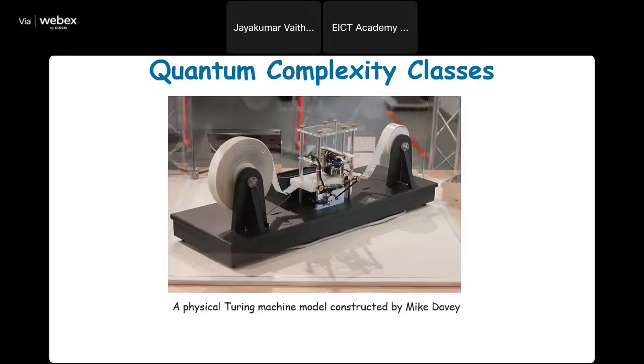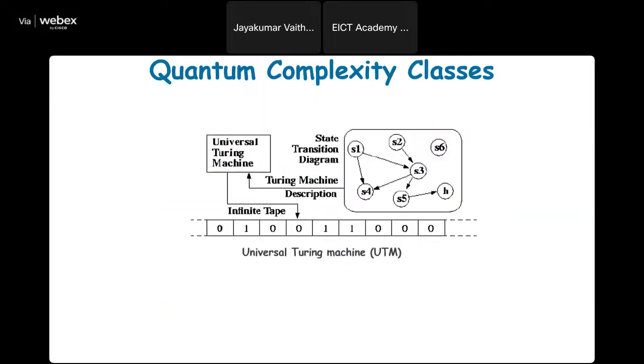It contains all your inputs or instructions. According to the instruction, this head will move. This is the abstract way. This is your infinite tape, which contains input and instructions.